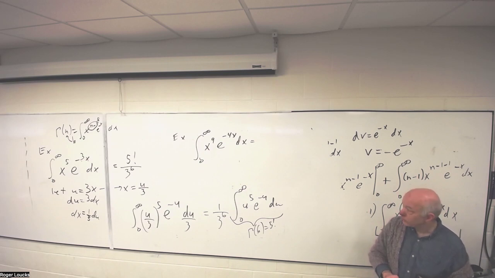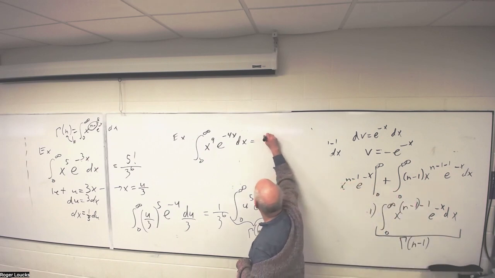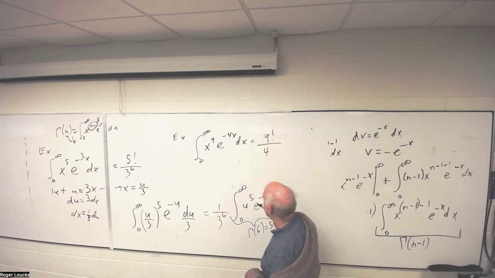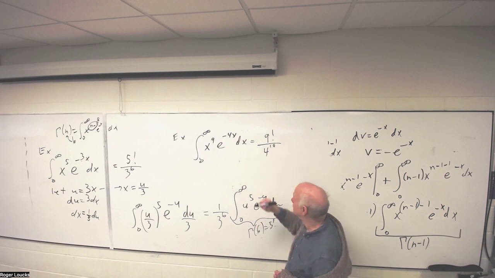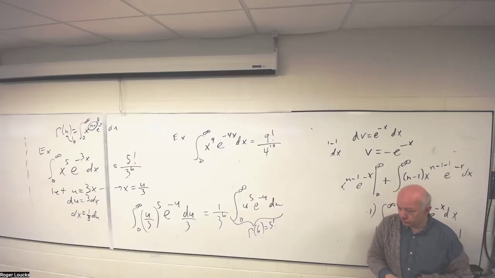To the minus 10. So this would be 9 factorial over 4 to the 10. Pretty slick.